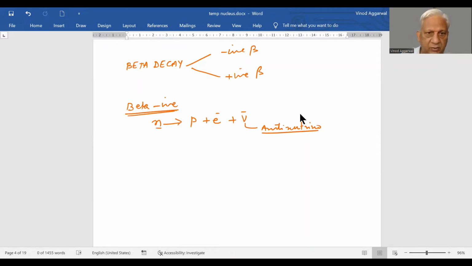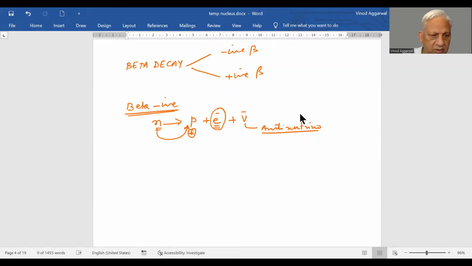So basically a neutron is trying to become a proton. And in this process what will happen? Since proton is a positively charged material, to balance, an electron has to be shed, right?